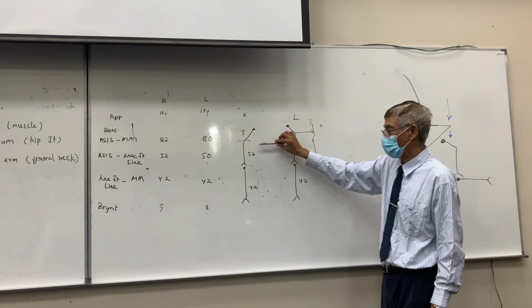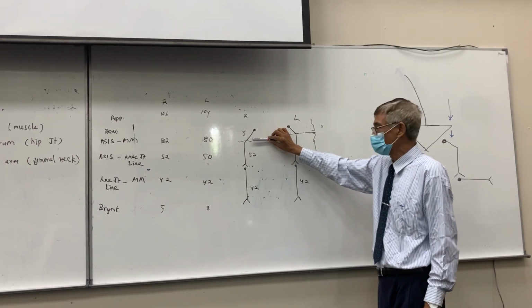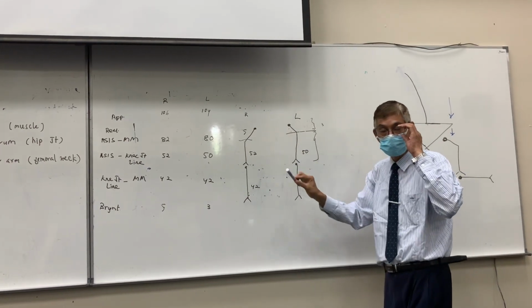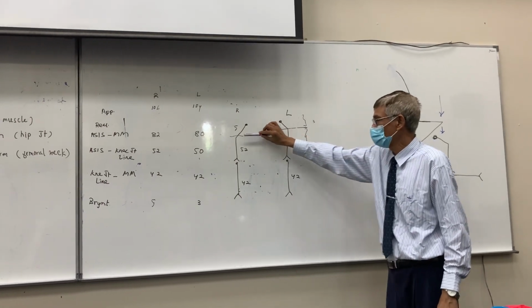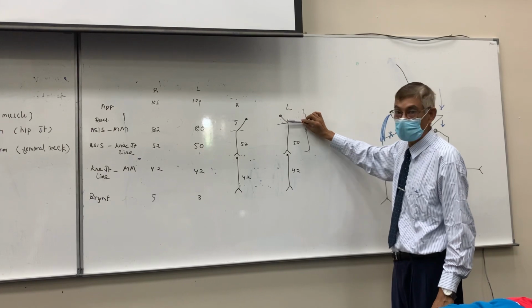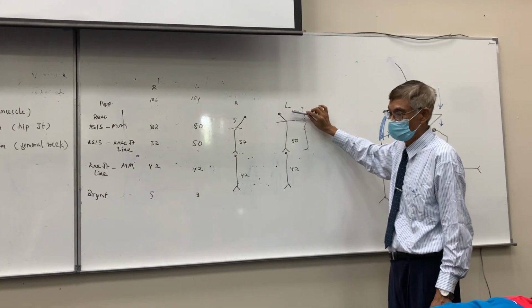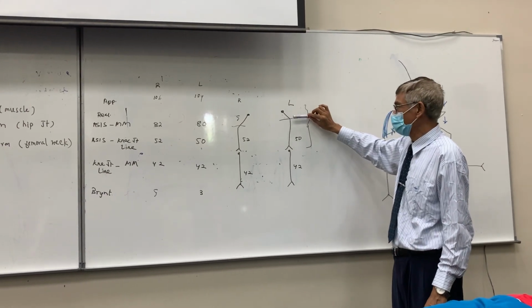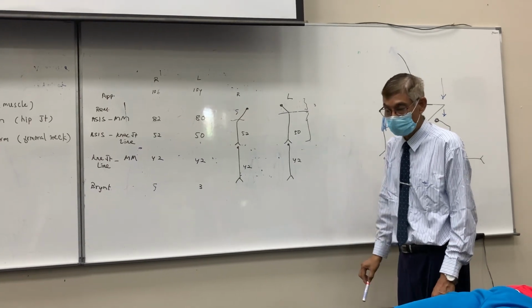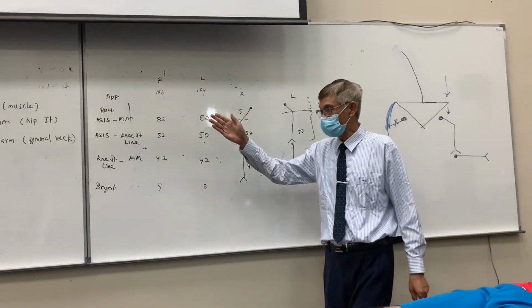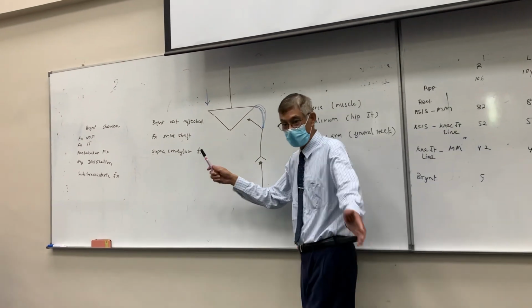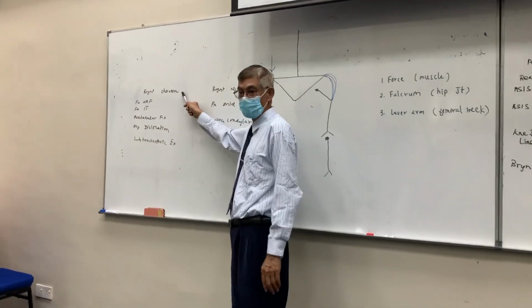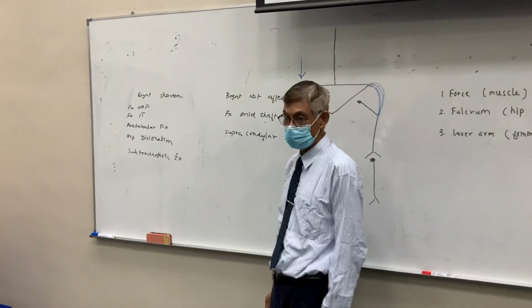By doing the Bryant's triangle, now you know the shortening is in the Bryant's triangle. Bryant's triangle level is shortened. So if the Bryant's triangle is shortened, these are the possible diagnoses.